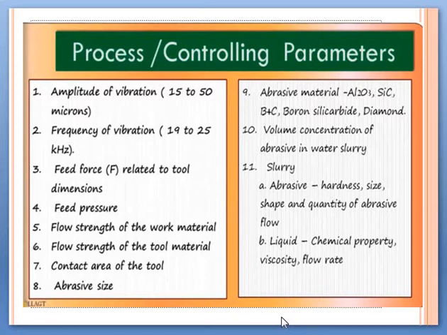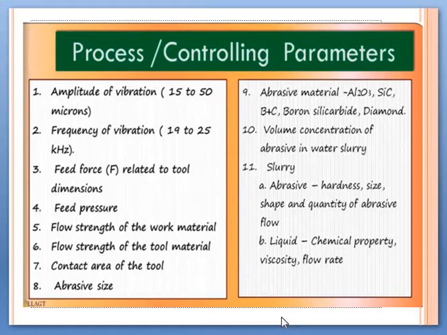The volume concentration of the abrasive in water slurry means how much abrasive you have to add in water in order to produce the abrasive slurry. It is also important. The slurry in which we will use the abrasive: how will that abrasive be selected? By considering its hardness, its size, its quantity, and the flow of the abrasive.